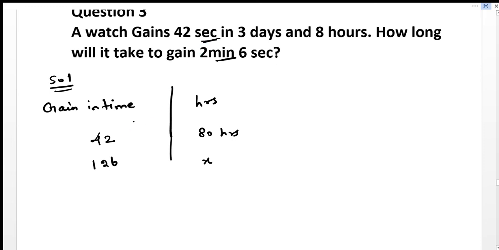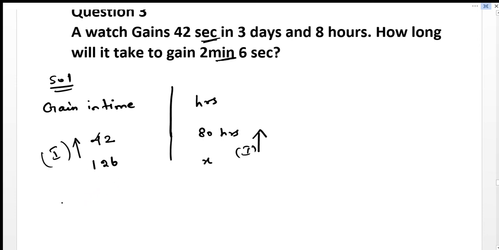That is very important. One has to note that the gain in time increases, so automatically the hours increase. Therefore here increase, here increase. This is nothing but a direct variation method.